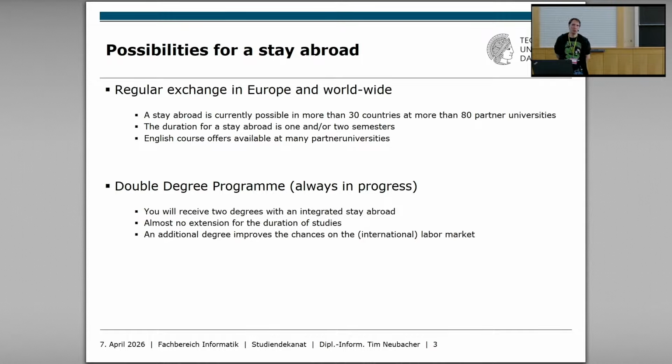Not that many possibilities, because most students apply in November, because then the overseas possibilities are also given. Anyways, if you apply, the earliest time to go abroad is a year later. So if you apply in November and get accepted, the earliest semester abroad would be next year's winter term.